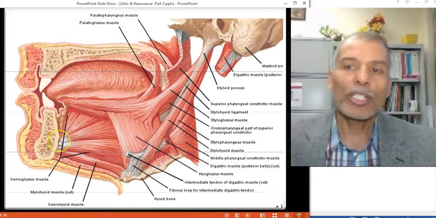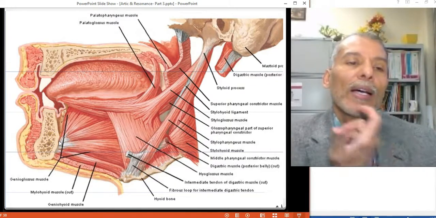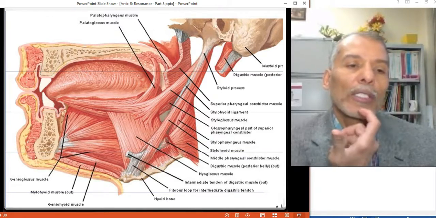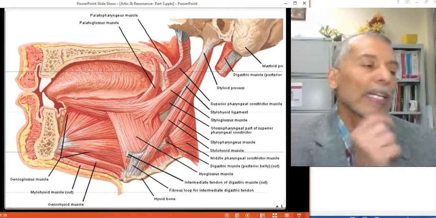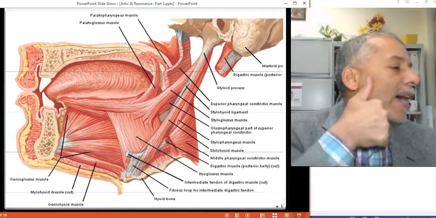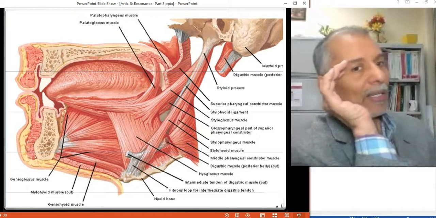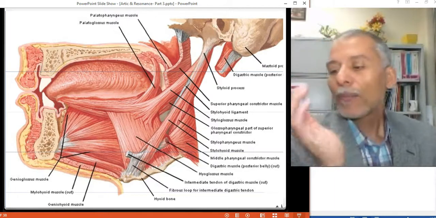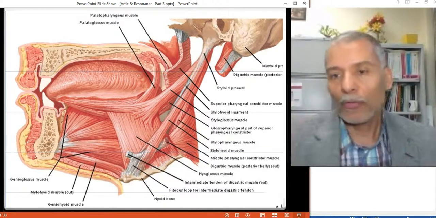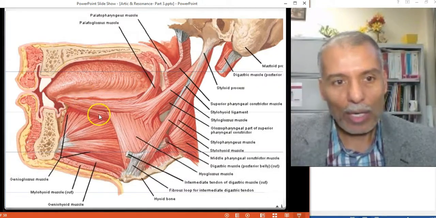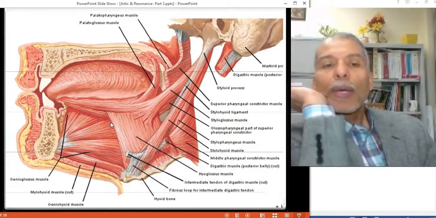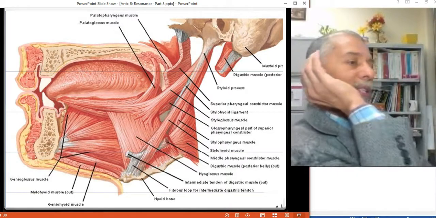And the muscle originates on the inner surface of the chin bone. And it fans posteriorly and superiorly. So it goes almost like this when you see it, if you move some of the tissue of the tongue, you're going to see it fanning back and going like this.